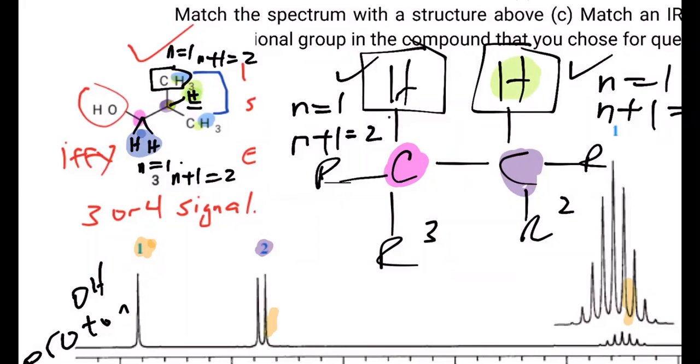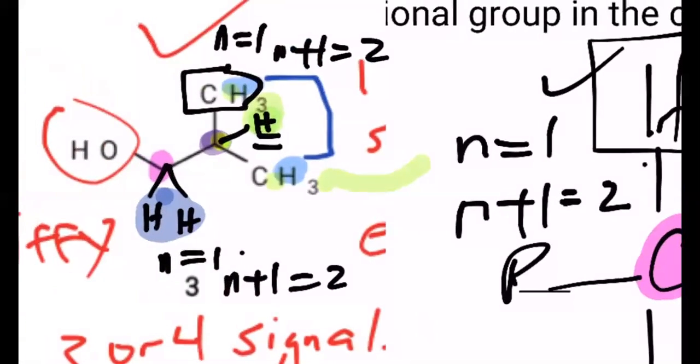So that little hydrogen that I have in black right there, it's got a CH3 to the left of it, a CH3 to the right, because this is the carbon right here that I'm looking at. So that proton actually has 8 neighbors. Let me change that color.